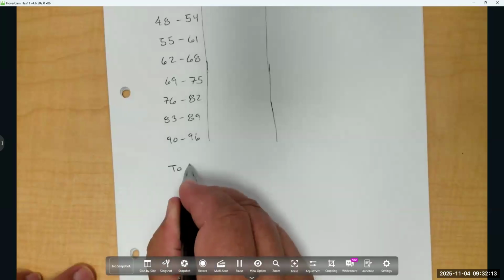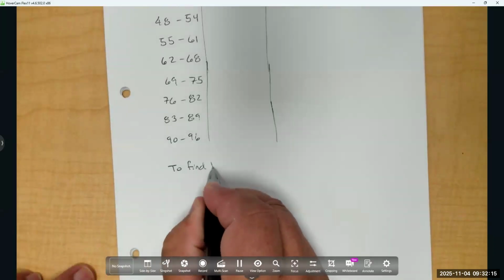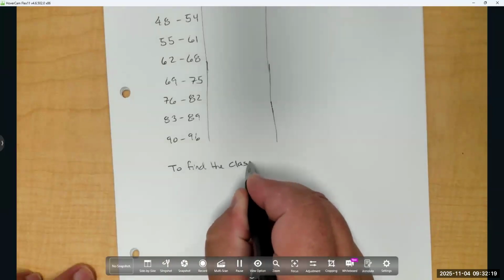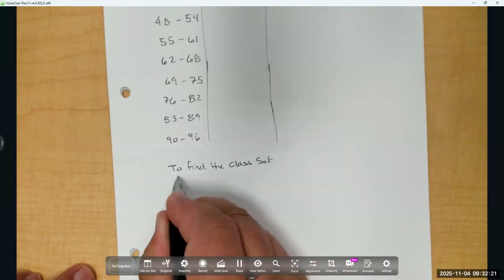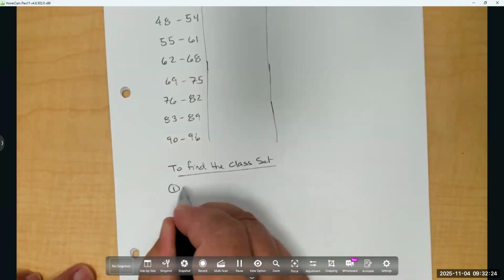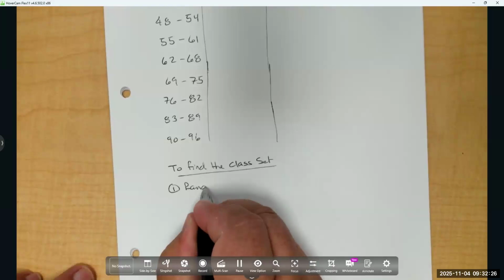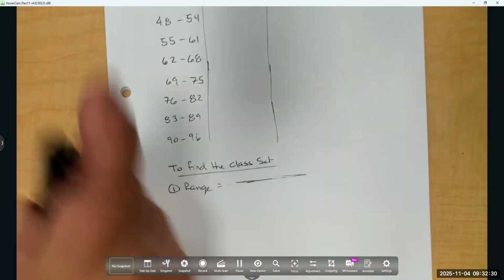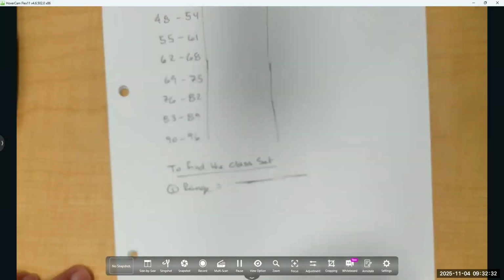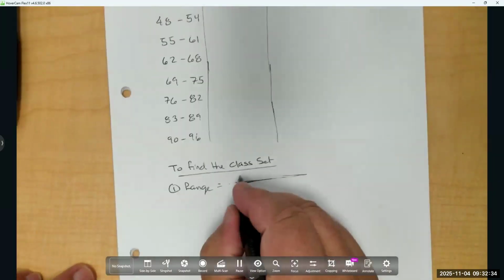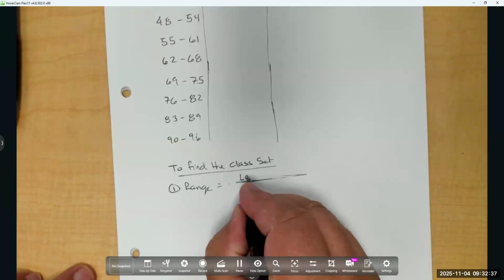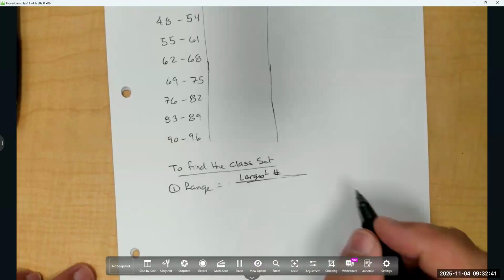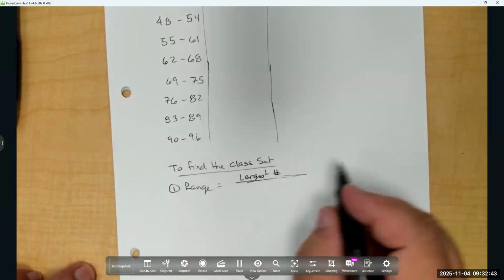To find the class set, find the range first. Range is determined how? It's the largest number minus, or plus?